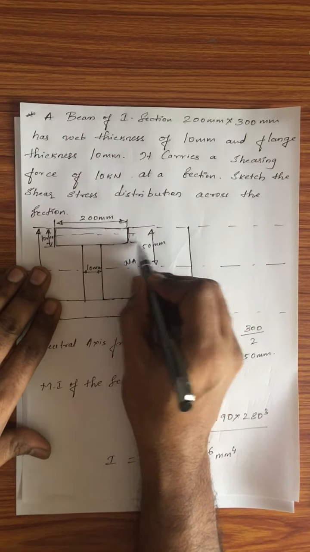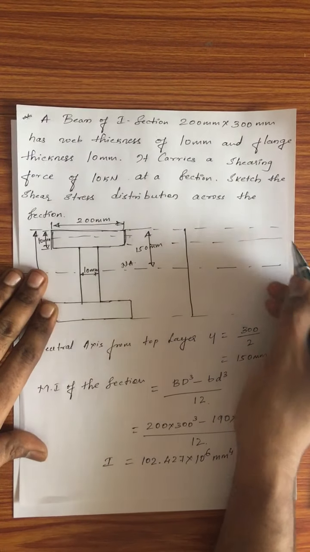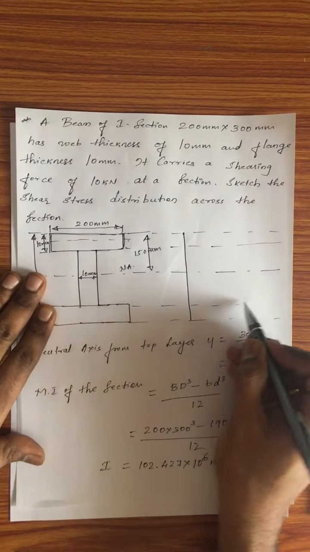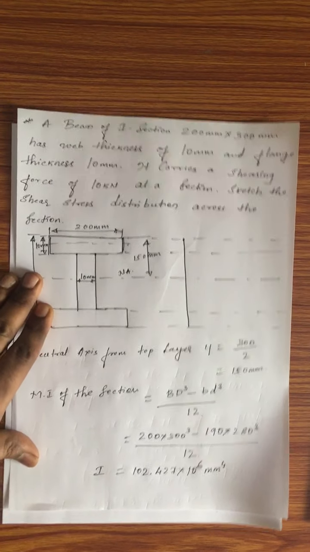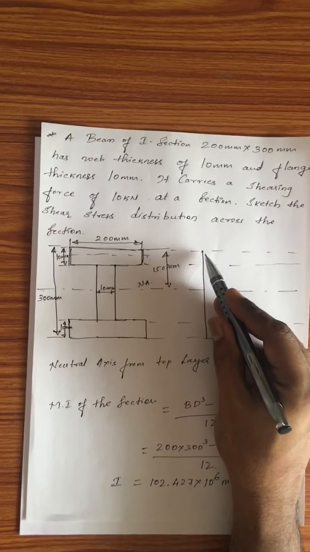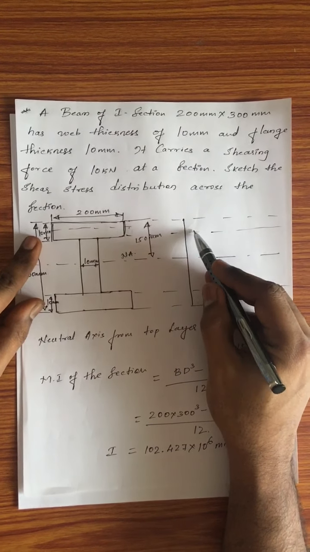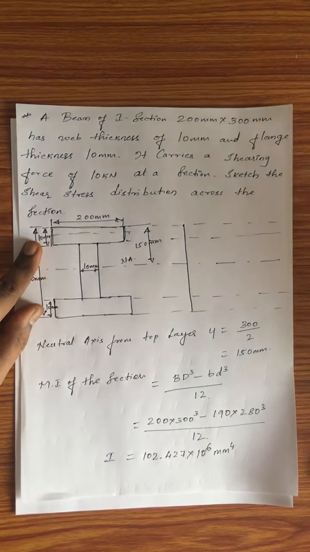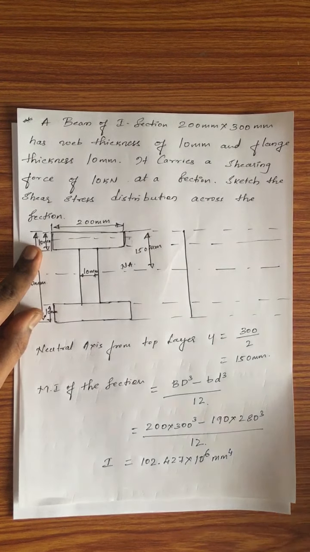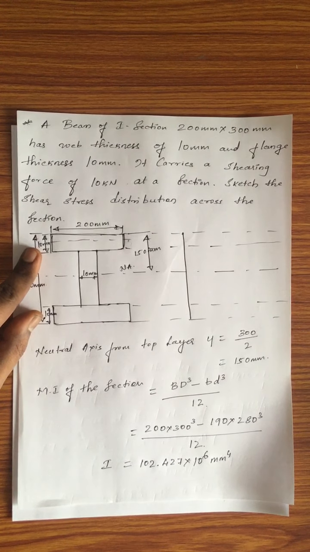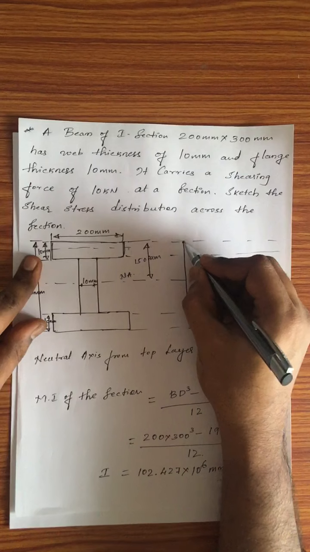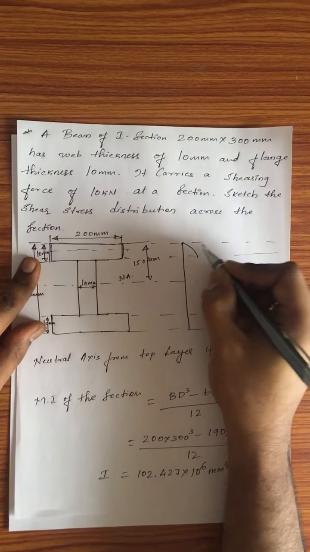And I'll also extend the portion which belongs to the flange thicknesses. Okay. Now, at the top of the flange, the shear stress will be 0, and at the bottom of the flange, the shear stress value that we calculated, how much is it? At the bottom of the flange, it is 0.1416, and the variation will be parabolic like this.